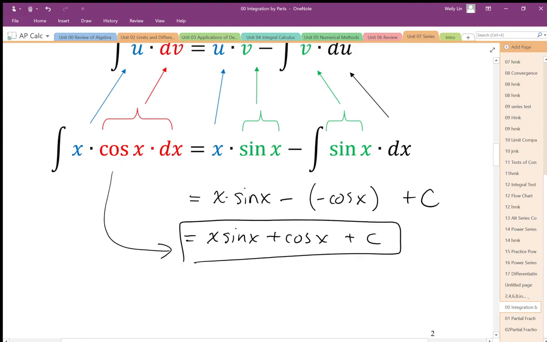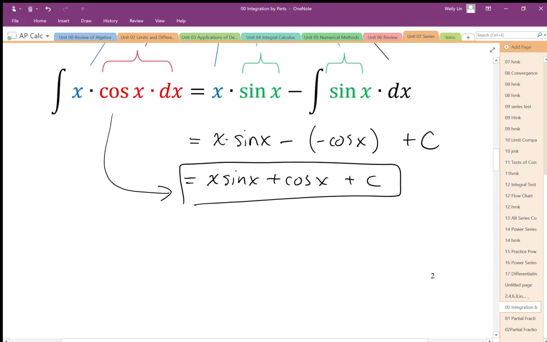Now I'm a little bit skeptical because there's just a bunch of stuff in that formula, so I better check this. I'm going to check it by differentiating. We can do this all the time. Anytime we integrate, we can check by derivatives. So I'm going to differentiate this. This is going to be my check. d by dx of x sine x plus cos x plus c.